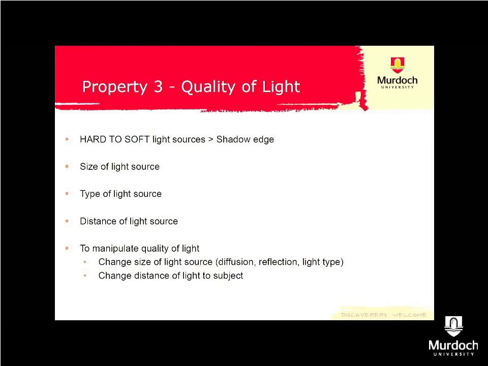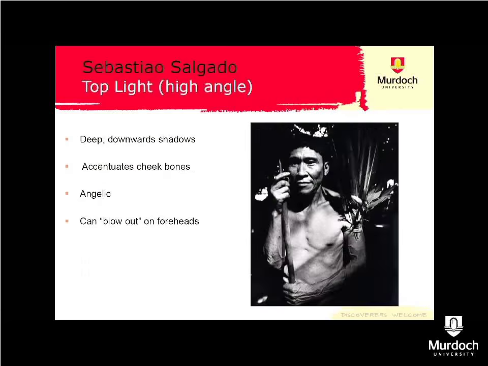But one way that helps people, I think, to think about the difference between hard light and soft light is to think of the example of the sun. Because the sun, on a non-cloudy day, on a sunny day, always produces a hard light, particularly in the middle of the day. You remember this image back here with the fellow in the forest? This is an example of very hard lighting. And with hard lighting, there's things that you notice. You can tell very easily what direction it's coming from.